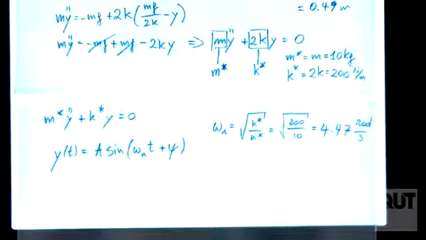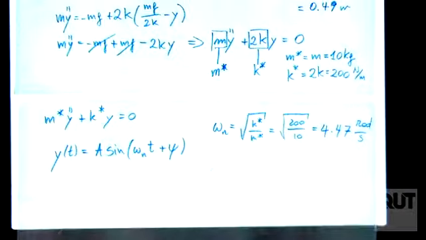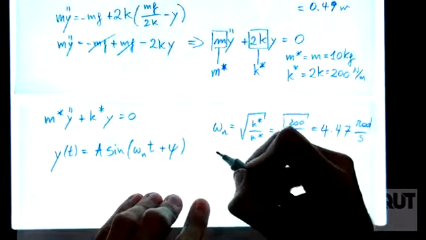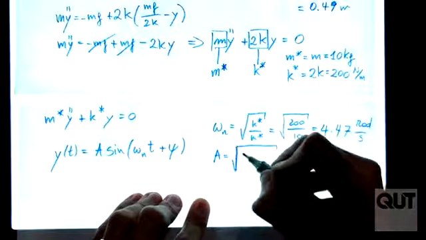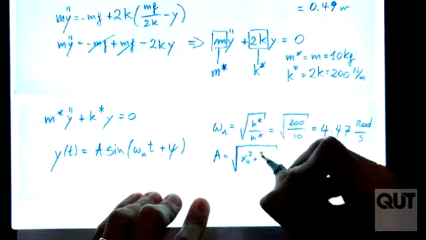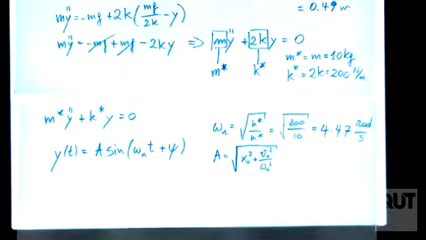Now, what about the other parameters? So I know this number. I want to know these two numbers. Well, I know the formulas. I know that A is equal to square root of x0 square plus v0 square over omega n square, for instance. Now, to find this A, I need x0 and v0.